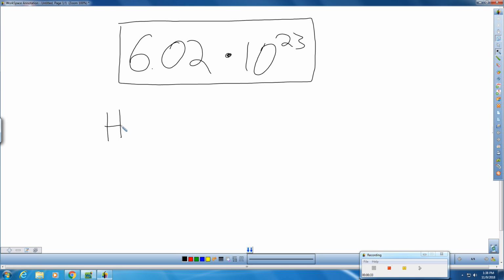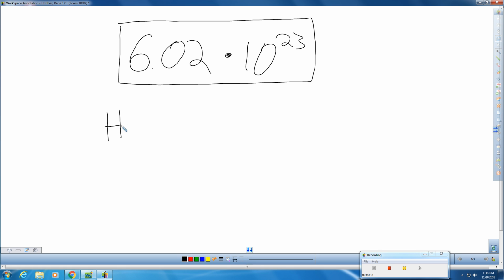If I have 1 mole of hydrogen, how many grams of hydrogen do I have? In order to find this, it's actually very easy. We look at the periodic table. What's that number right below hydrogen? 1.008, and that is called the atomic mass.